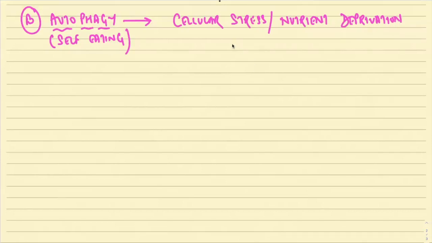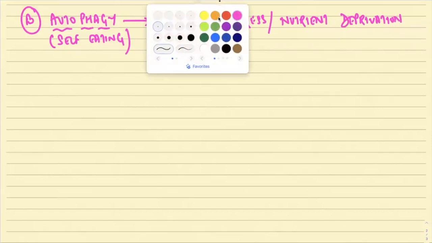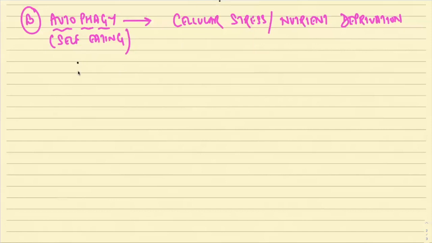In the process of autophagy, there was a particular gene called ATG16L1, and another gene, IRGM. These two genes are important for normal autophagy, as they help in autophagosome formation.